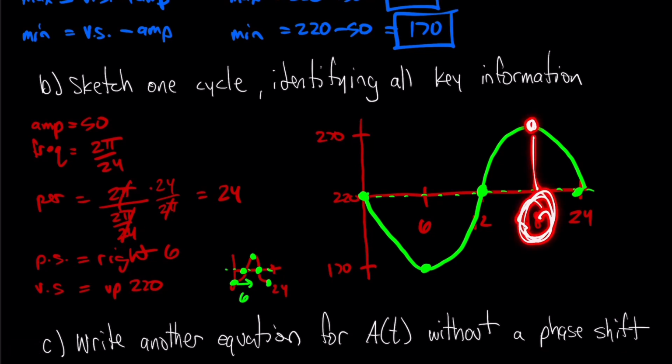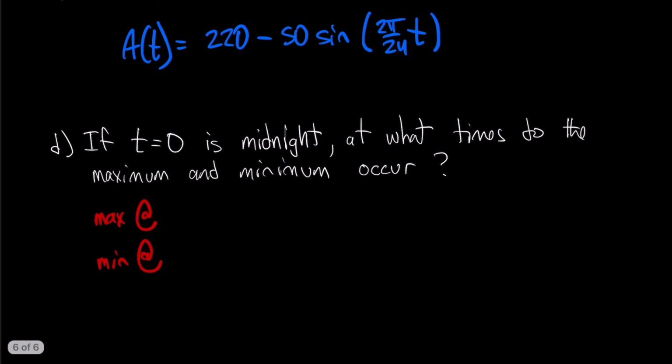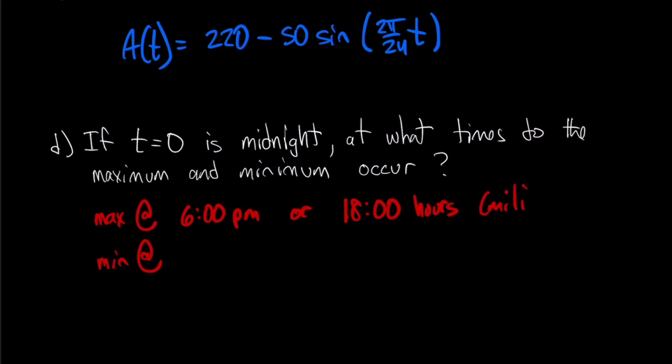Well, if you remember, if this is midnight, this is noon, so that would be 6 o'clock p.m., and you have to mention a.m. or p.m. Or, if you want to consider military time, I would say something like this, 1800 hours. That'd be like military time, which is on a 0 to 24 basis.